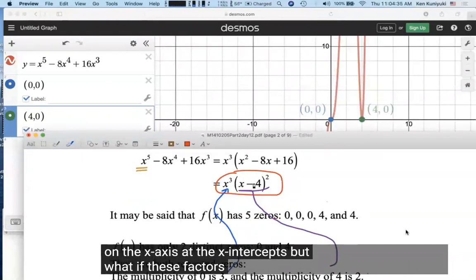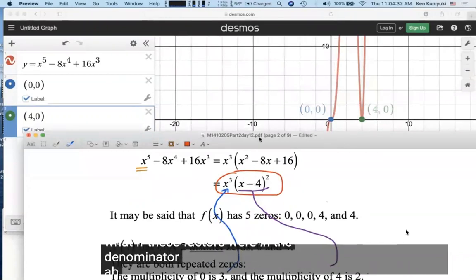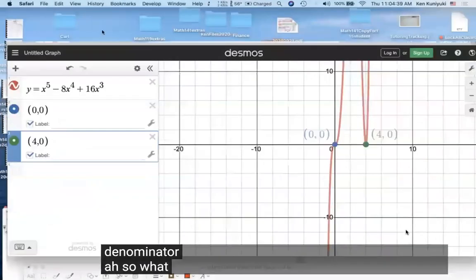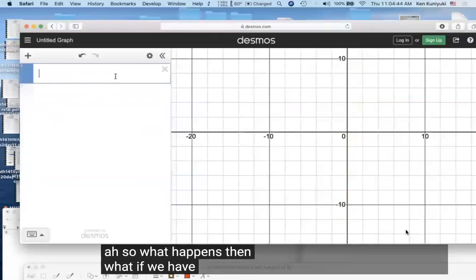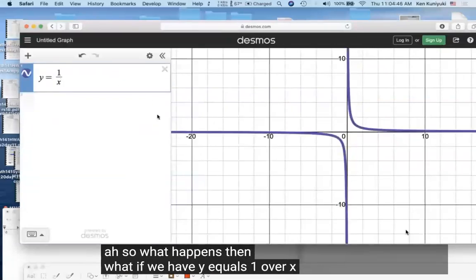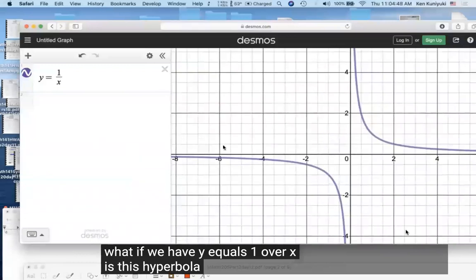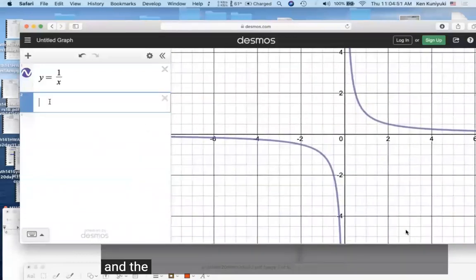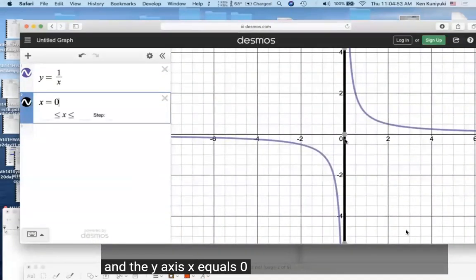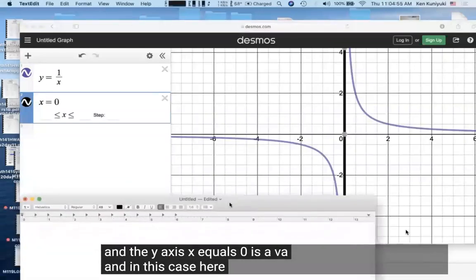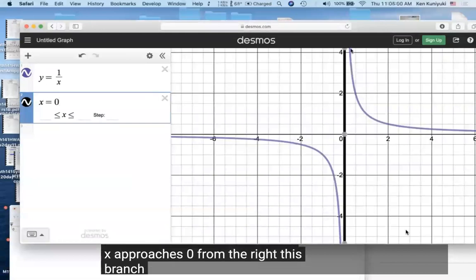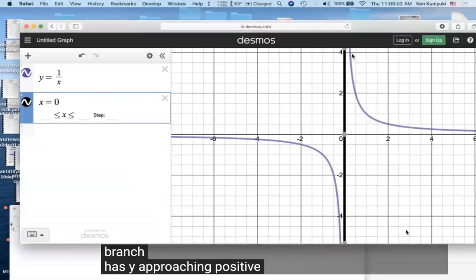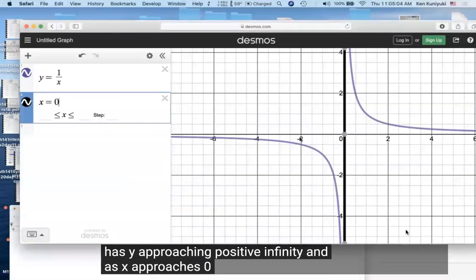But what if these factors were in the denominator? Ah. So what happens then? What if we have y equals 1 over x? This hyperbola, and the y-axis, x equals 0, is a VA. And in this case here, as x approaches 0 from the right, this branch has y approaching positive infinity, and as x approaches 0 from the left, y approaches negative infinity.